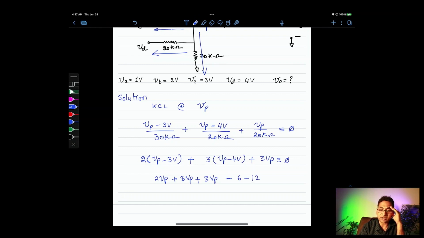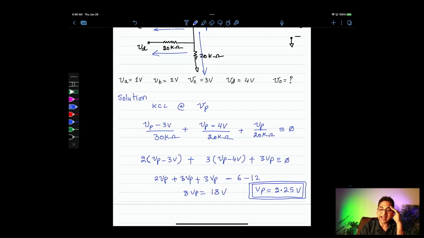Okay, so it turns out that 8Vp is 18 volts. So Vp is really 18 by 8, which comes out to be 2.25 volts. Okay, first part of the solution.